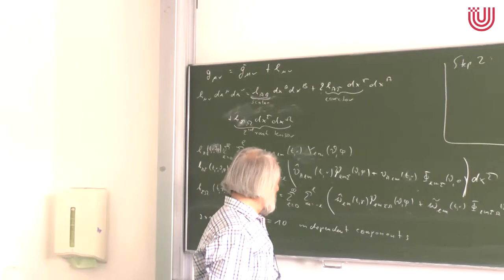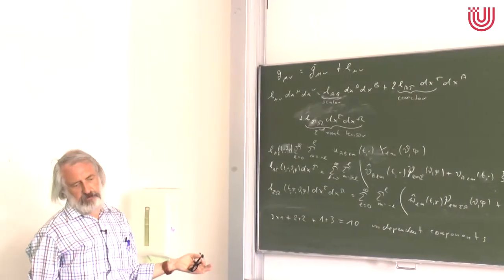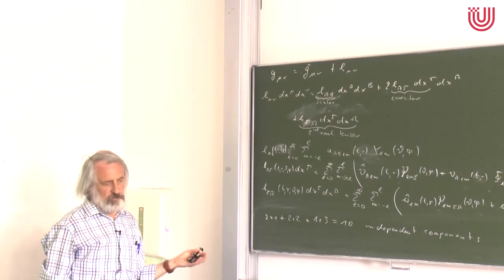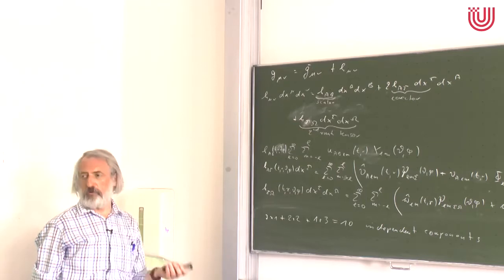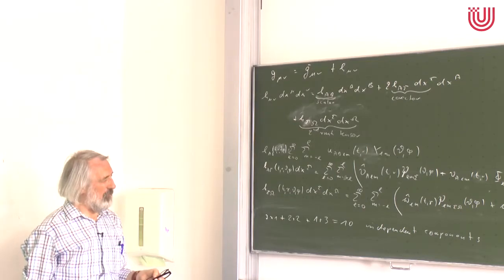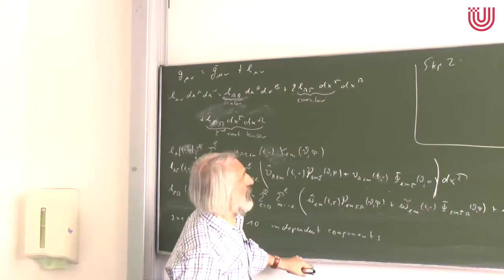And the idea is we separate them into those which behave even under parity transformations and those which behave odd. And we consider only those which are odd under parity transformation. This gives us a Regge-Wheeler equation. The other one would give us a Zerilli equation.